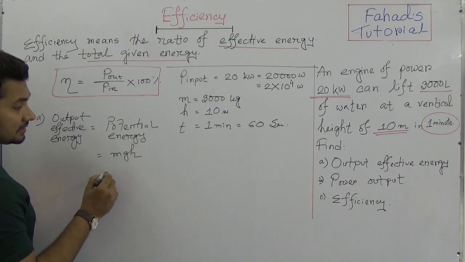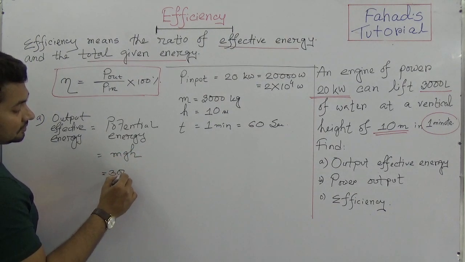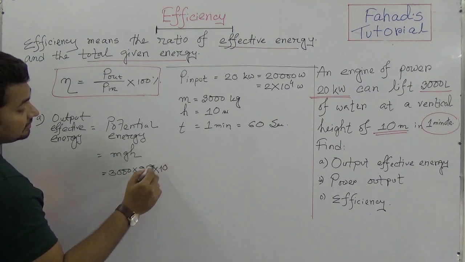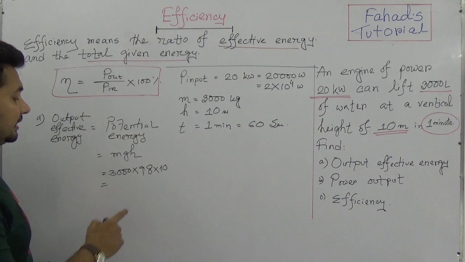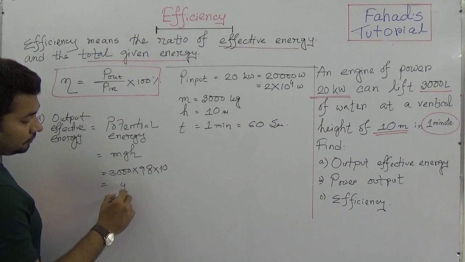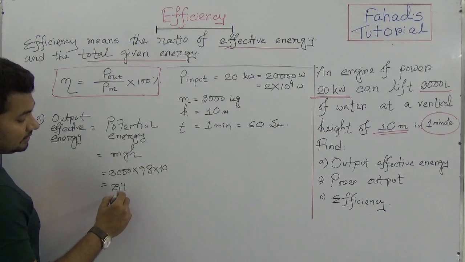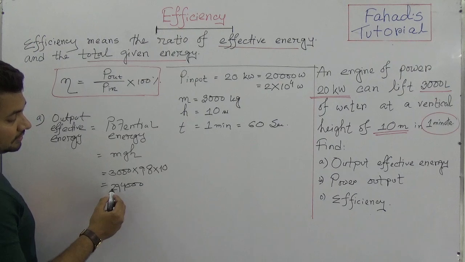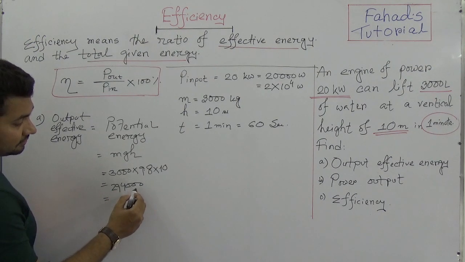So we can simply say that m is 3000, g is 9.8, and h is 10 meter. So this is actually 98 times 3000, which is 294,000.